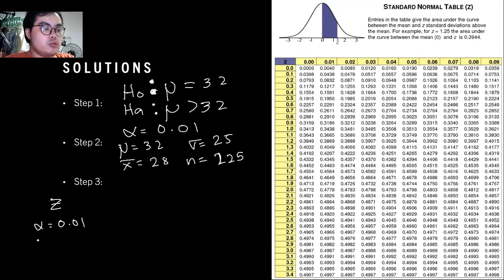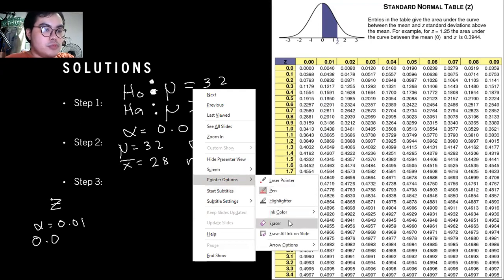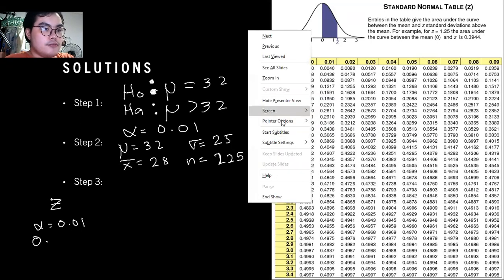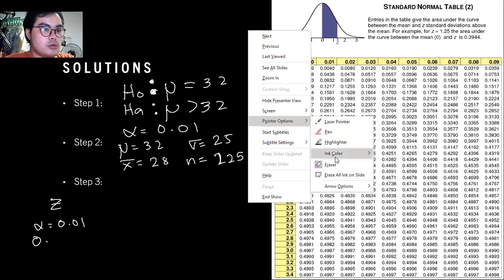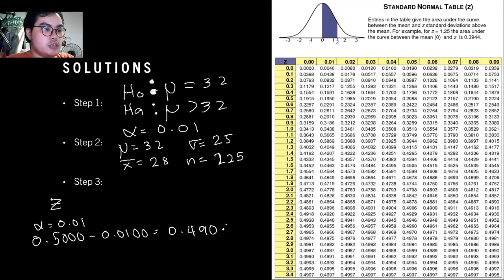In order to do this, we're just going to subtract 0.0100 from 0.5000, which is 0.4900. So this is the area according to the table.